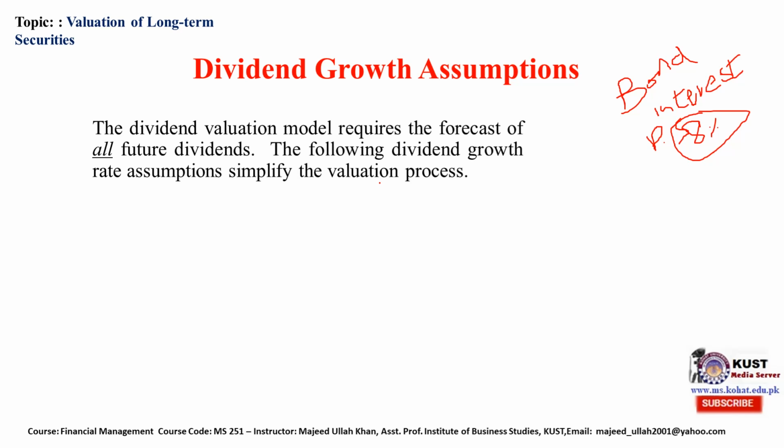Similarly, the company may raise the dividend each year. So we can't assume that the dividend will be constant for 10 years or 5 years; it will increase. So we will also assume a growth rate in our dividend discount model.